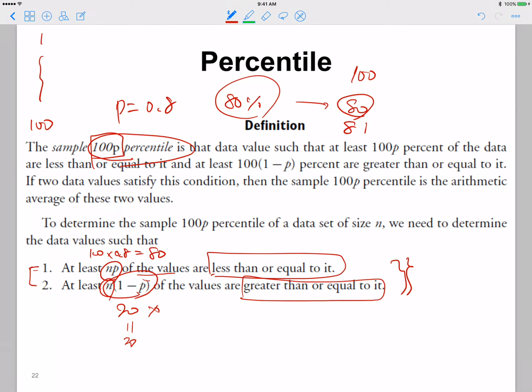How many data items do we have? Does it include 80 or not? Should it start from 81 through 100, or can it start with 80? The question is, is it 81 through 100 or 80 through 100?